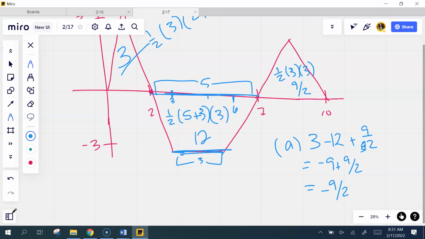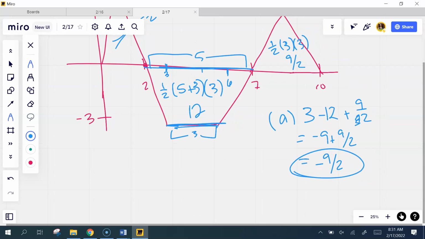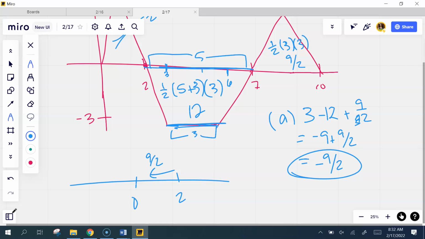Oh, you're right. So where did I end up? So this is the displacement. So where did I end up if I started at 2 and I'm backwards? Here's 2, and I move backwards 9/2, which is 4.5, right? So 2 would put me at 0. Now I got another 2.5 to go backwards, so -5/2.